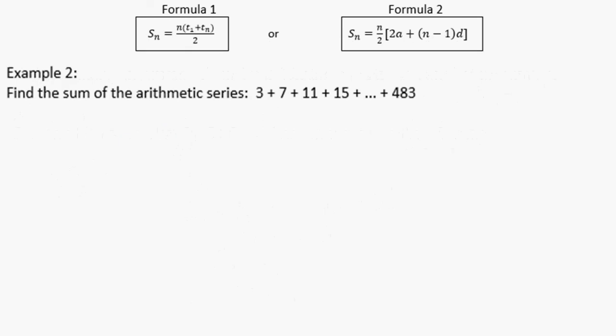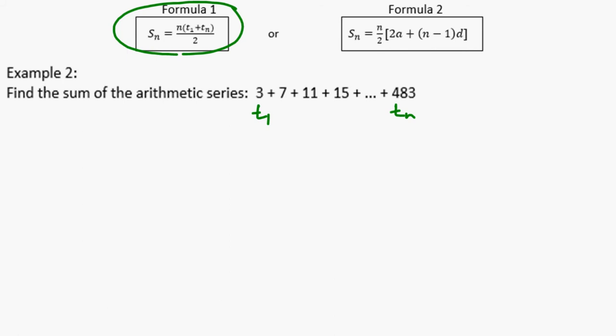All right, so find the sum of the arithmetic series 3 plus 7 plus 11 plus 15 plus dot dot dot plus 483. I can actually use formula 1 here. Why? Because I have the last term. I have my T1, I have my Tn. The only thing missing here is, what is my n value?